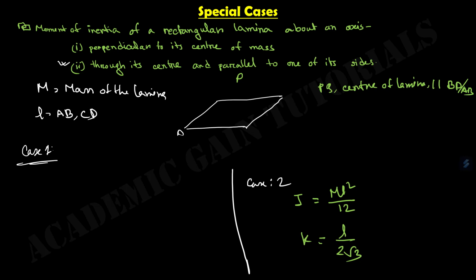This is our rectangular lamina, and the center of mass is this point P. When we draw a perpendicular axis to the center of mass, this perpendicular axis will be this one, RS.